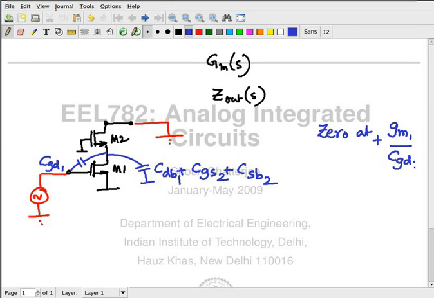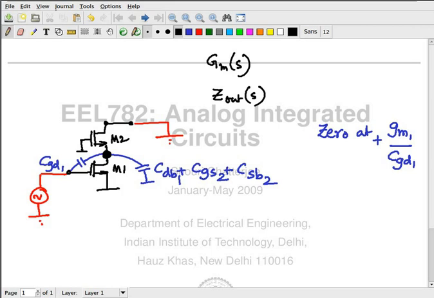Now we want to compute the pole. We recognize that there is only one node in the circuit. Everything else is ground or input voltage. Agreed? There is only one node. This node. So if there is one node, there is going to be only one pole in this whole business.